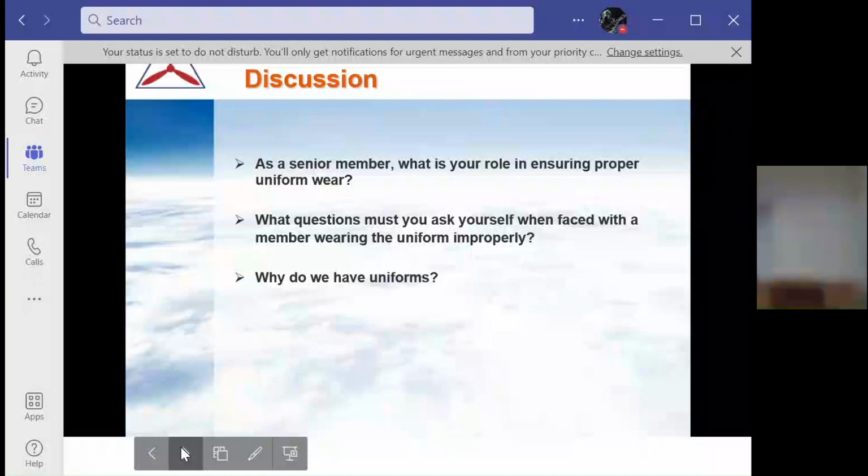So the biggest thing is it sets us apart from other nations, other armies or militaries, other countries. It sets us apart from civilians. So it makes us more cohesive units, and it also provides a uniform way to know who your friends are.